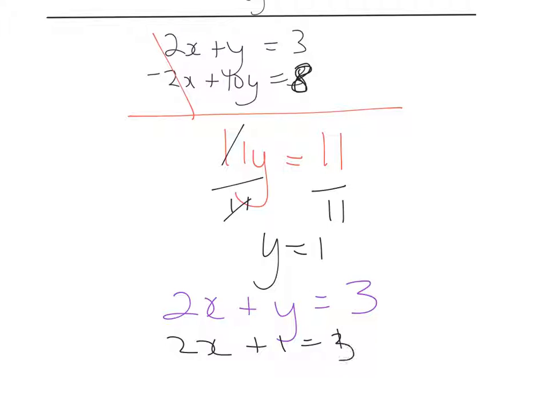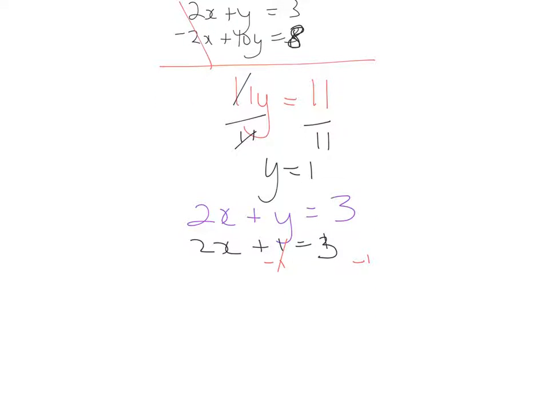We will get our numbers on one side and our letters on the other, so we're going to balance out that equation. So a minus 1 and a minus 1, they cancel. My new equation is 2x equals 3 minus 1, which is 2. I'm going to divide both sides by 2 to get them to cancel, and x is equal to 1. So my final answer here is 1 and 1.